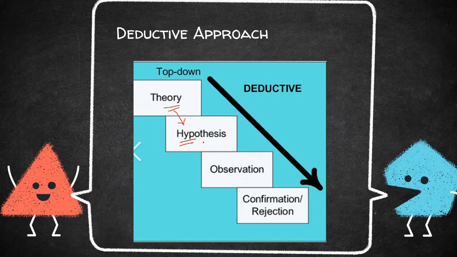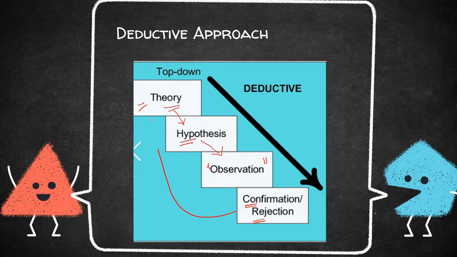So we have some hypothesis. Then we narrow down further and come up with observations that could address our hypothesis, leading finally to confirmation or rejection of the theory.